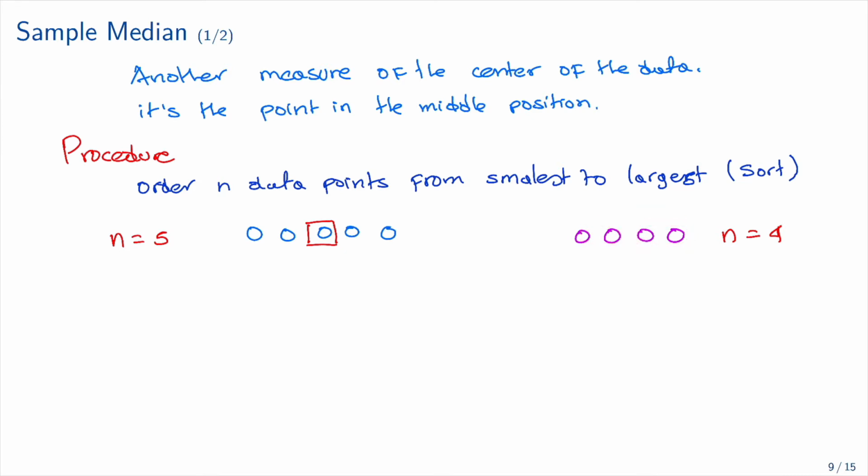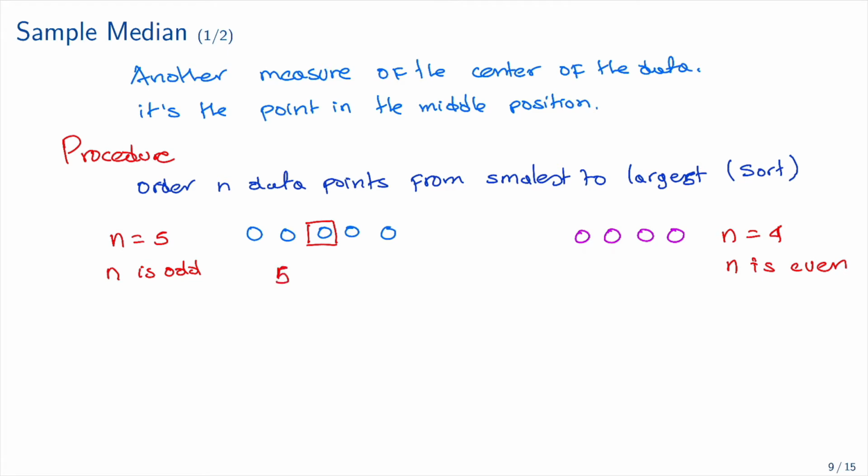So which one do we choose? And that would be the general case: when n is odd, and when n is even.